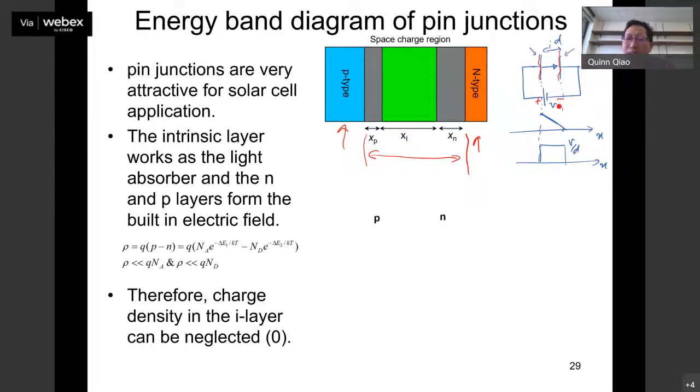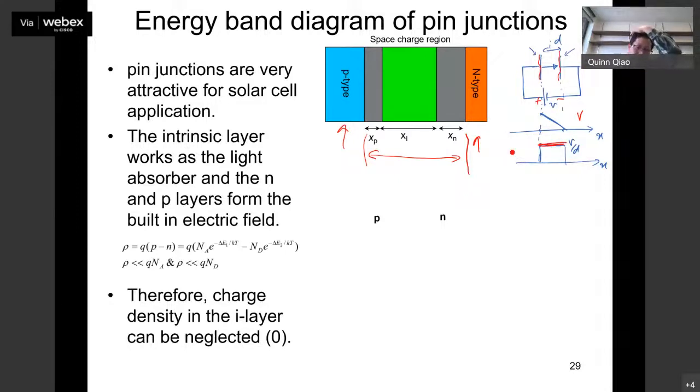And if you think about the electric field inside this capacitor, that's basically the voltage divided by d, so the electric field is constant.